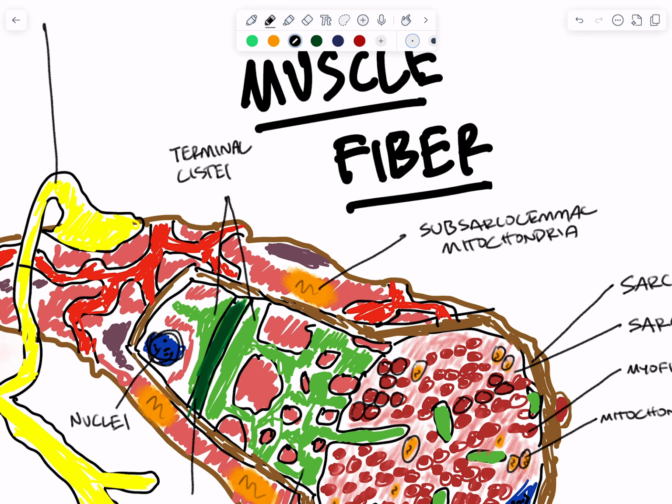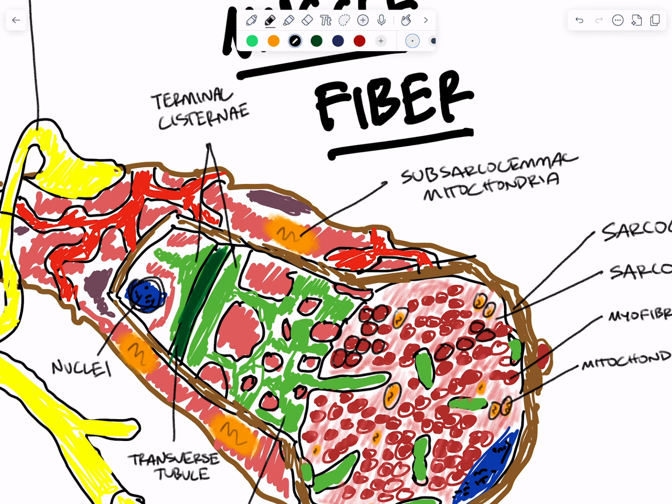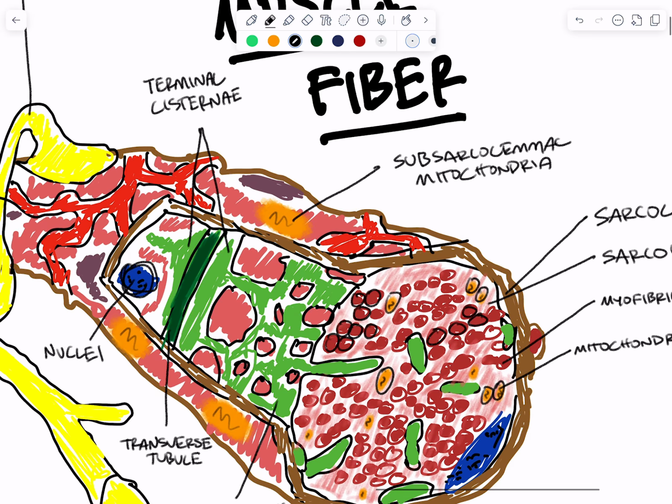And together, each terminal cisterna and the transverse tubule make up a structure known as the triad.